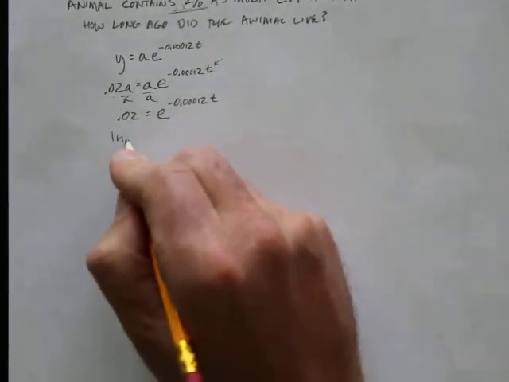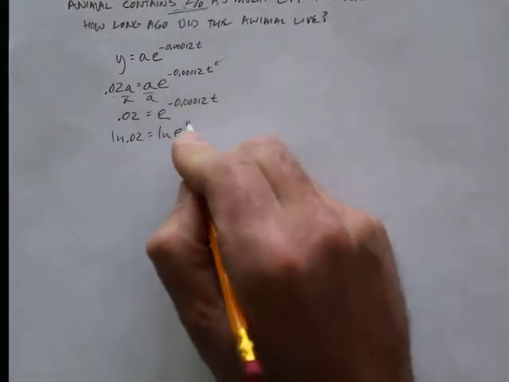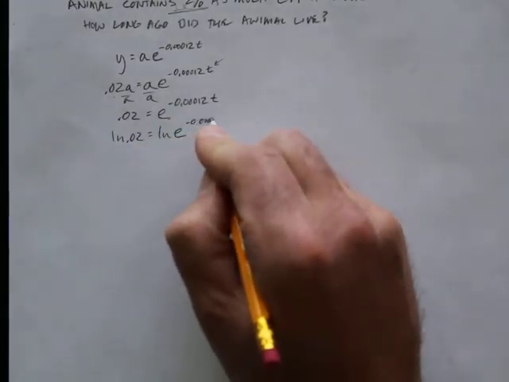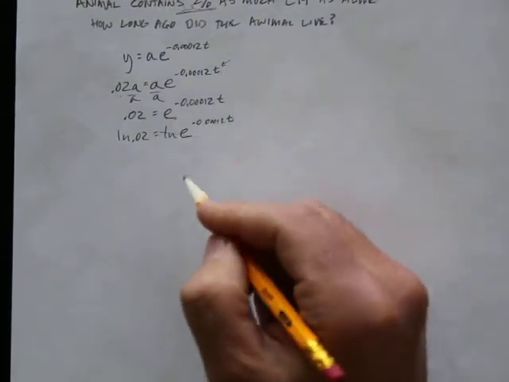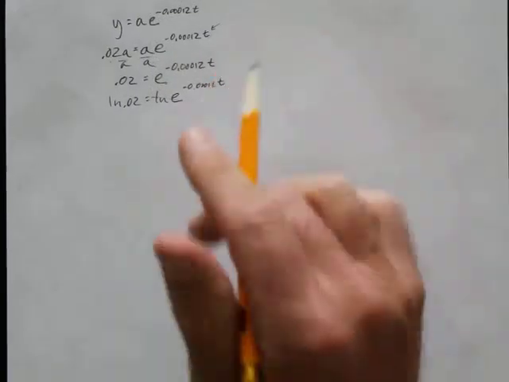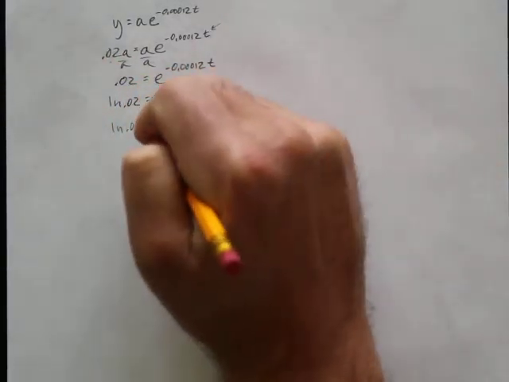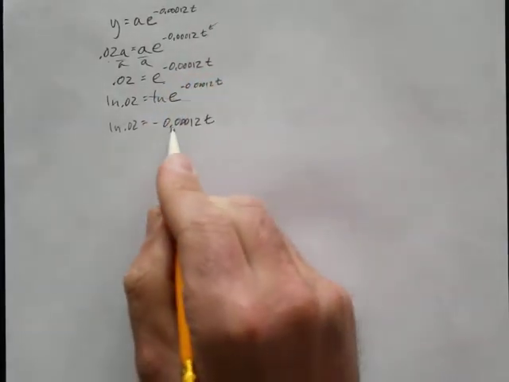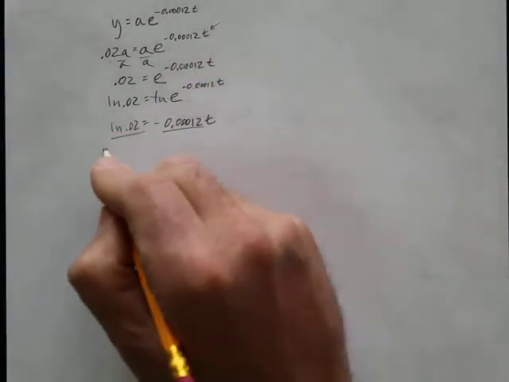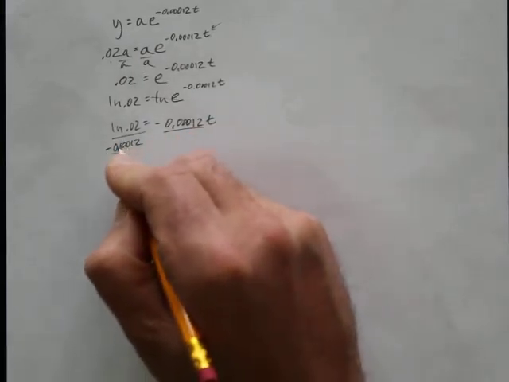So natural log of 0.02 equals natural log of e to the negative 0.00012 times t. The natural log of e gets eliminated there. So I've got natural log of 0.02 equals negative 0.00012 times t. Divide both sides by negative 0.00012. Oops, not enough zeros there. There we go.